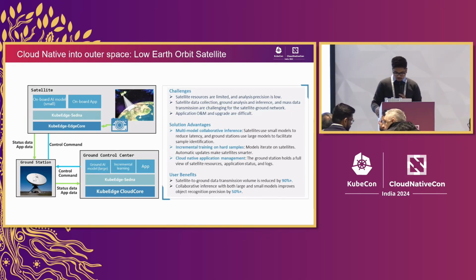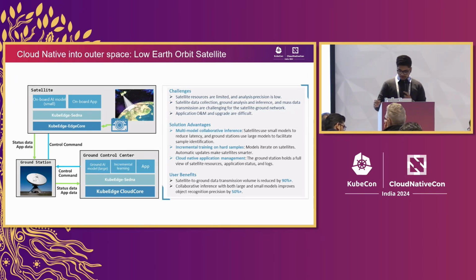Other than that, we had collaborative inference between a lightweight model at the satellite, a large model at the satellite, and a large model at the ground station, which improved the object recognition precision by more than 50%. And by performing real-time filtering of data, we could reduce the data transmission volume by more than 90%.